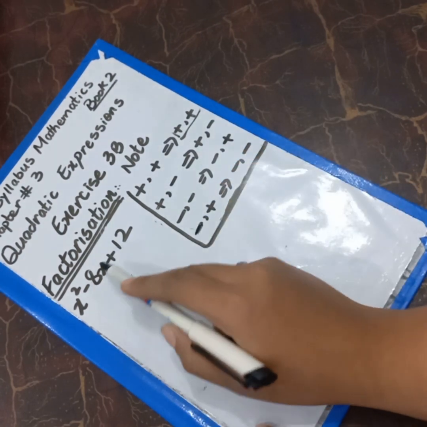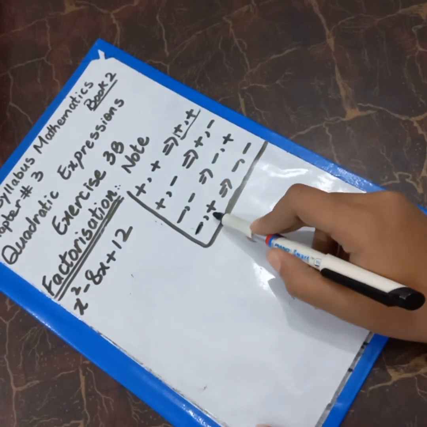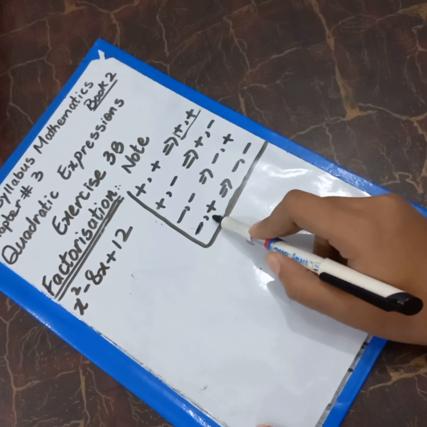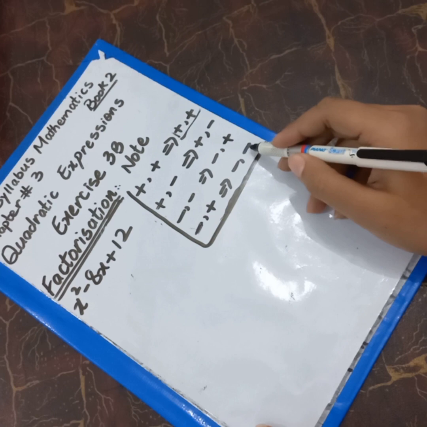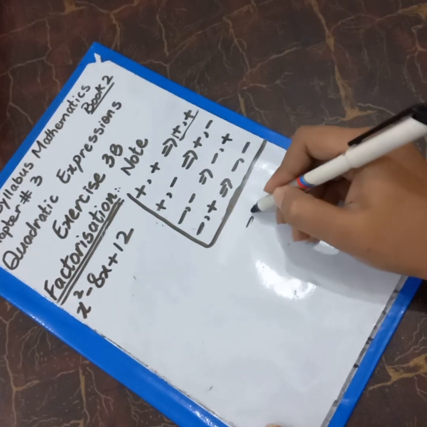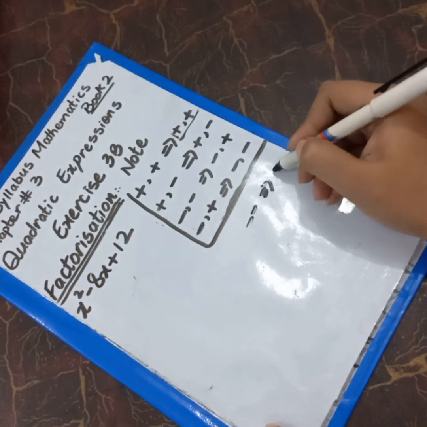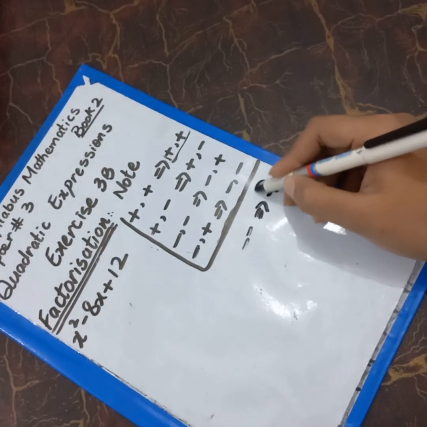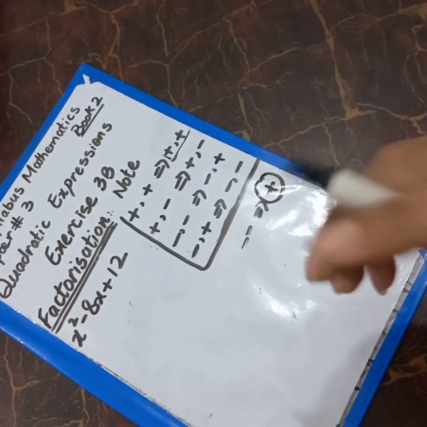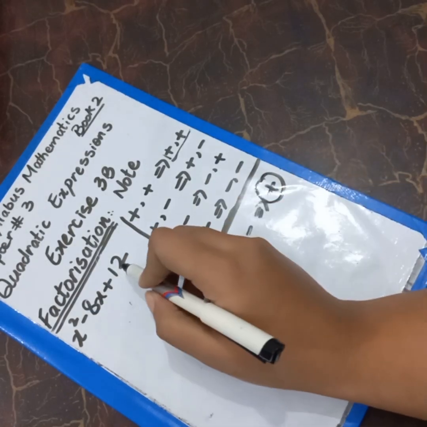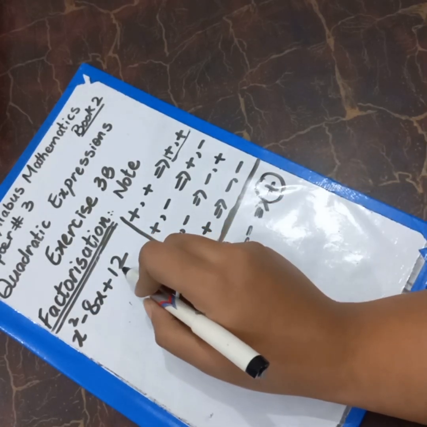In the question, it is minus plus. And if in the question it is minus plus, then with the pair, you will use minus minus. So, generally, minus minus equals plus. So, we will add that pair. So, find out a pair that will give you 8 after adding and that will give you 12 after multiplication.